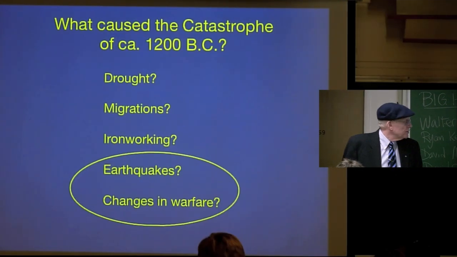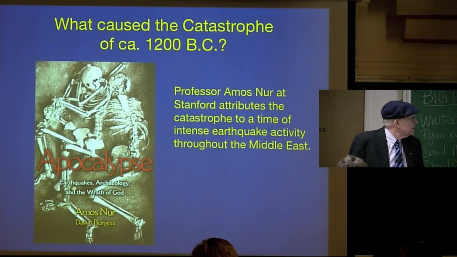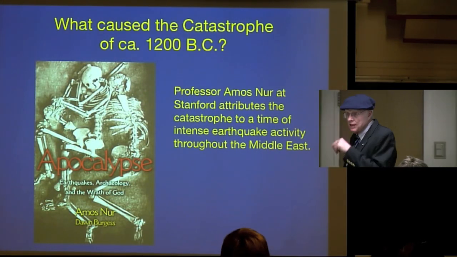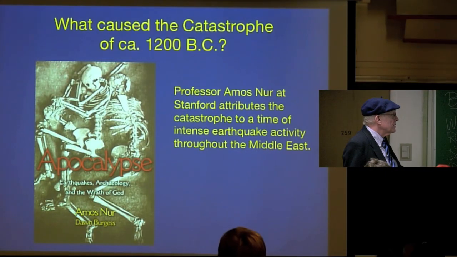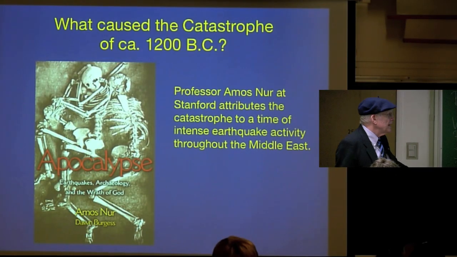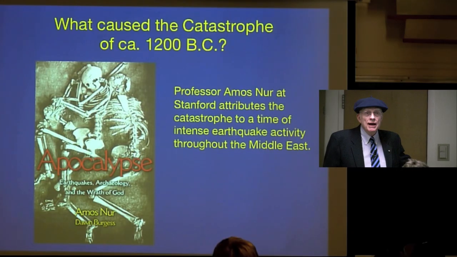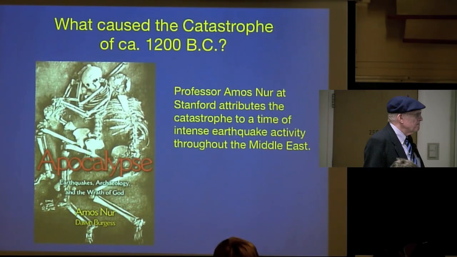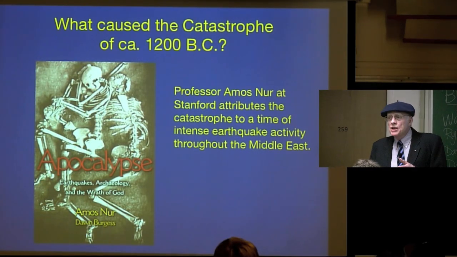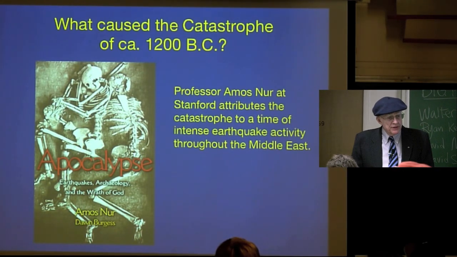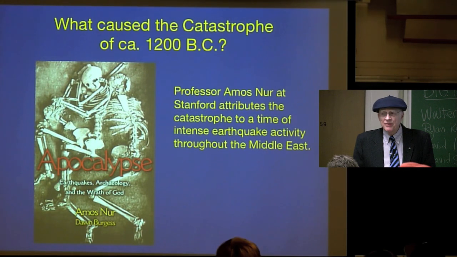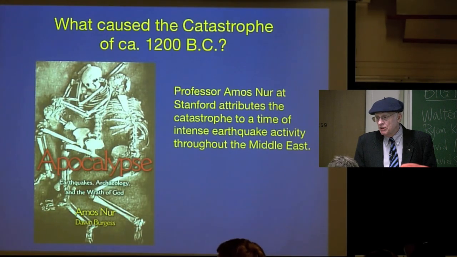So as far as earthquakes are concerned, there is a professor of geophysics at Stanford named Amos Nur, and Amos has attributed the catastrophe to a time of intense earthquake activity throughout the Middle East. He thinks that he has evidence that there were lots of big earthquakes all at about the same time, and as a result the whole area just became uninhabitable.